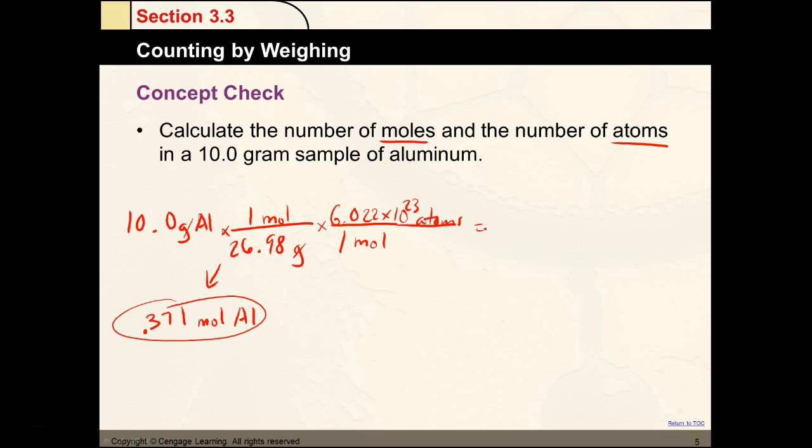And then we're going to plug this into our calculator again and get the final answer of 2.23 times 10 to the 23rd atoms of aluminum. And that should actually be a capital A.